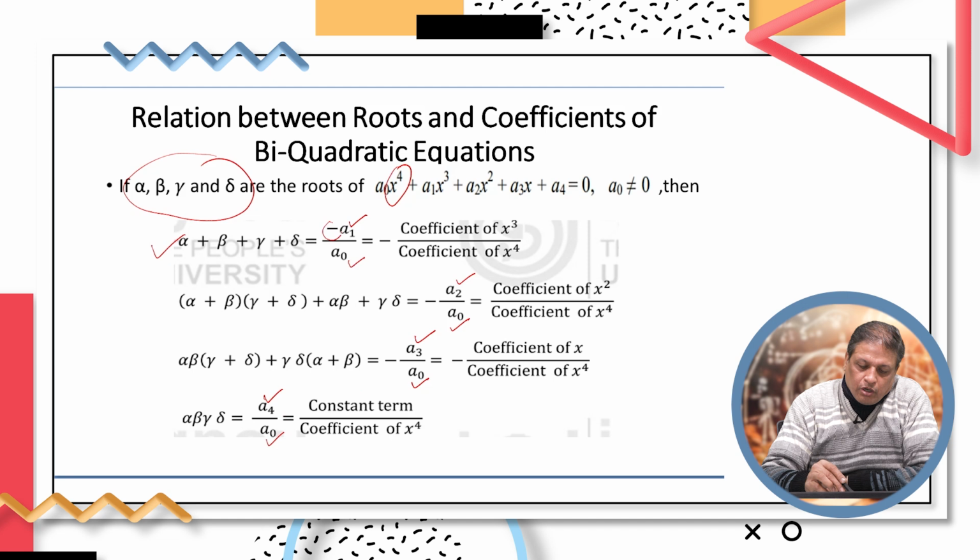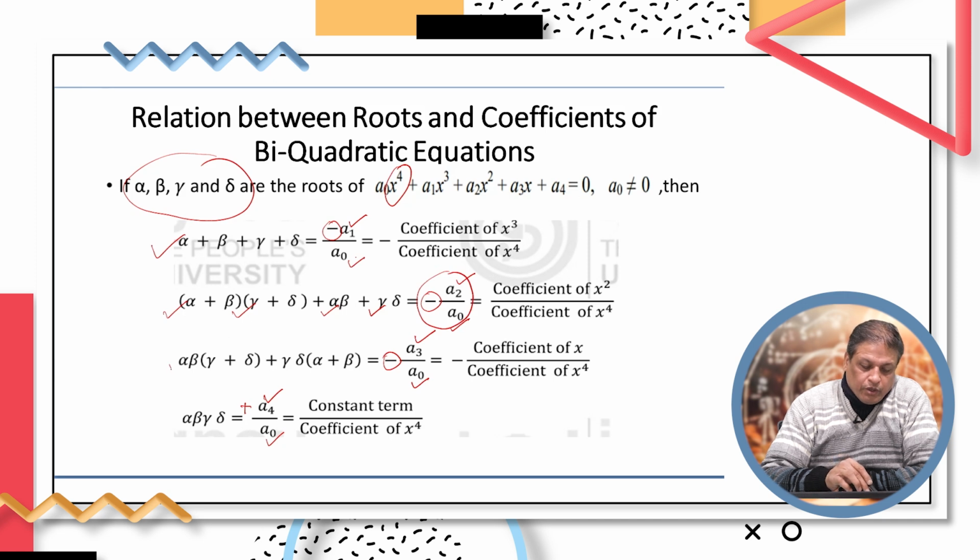and the sign is not altering for the first 3 terms, it keeps minus minus minus, and for the final term it is plus. So, you can easily remember this. So, alpha plus beta plus gamma plus delta is minus a1 upon a naught, alpha beta plus gamma delta, then alpha beta into gamma delta, then it will turn out to be this entity.